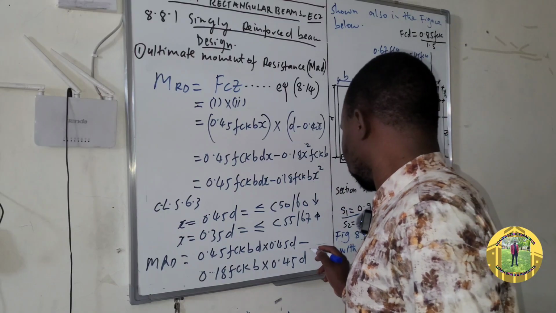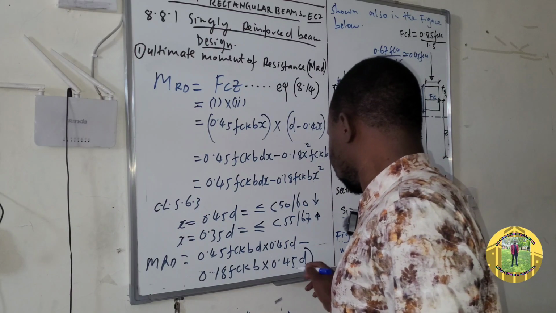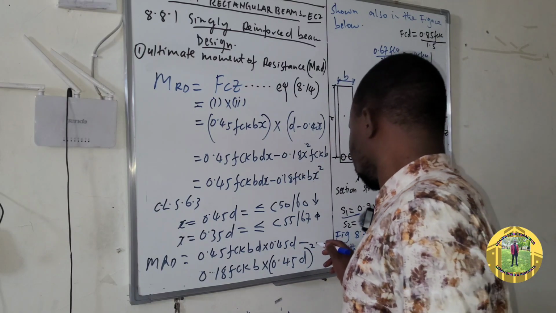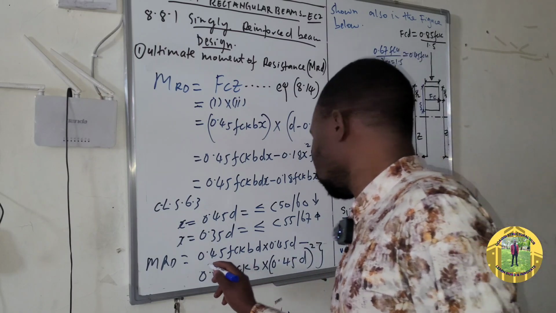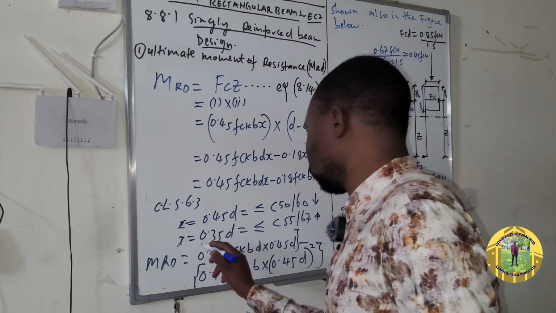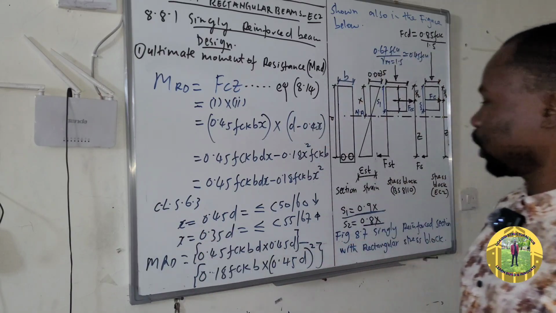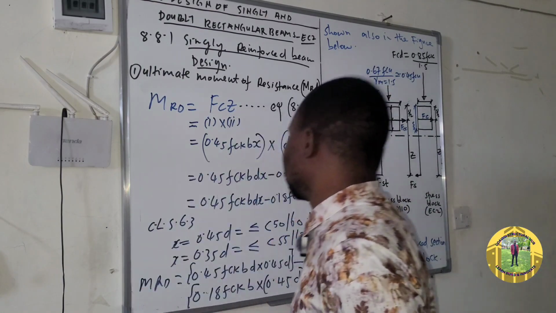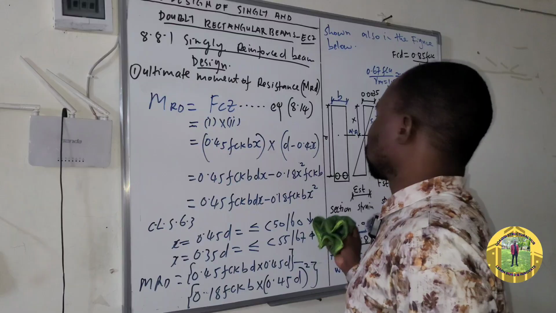So here we will square, we put brackets like that, and then we simplify the expression. Allow me to clean here so that you can simplify our expression.